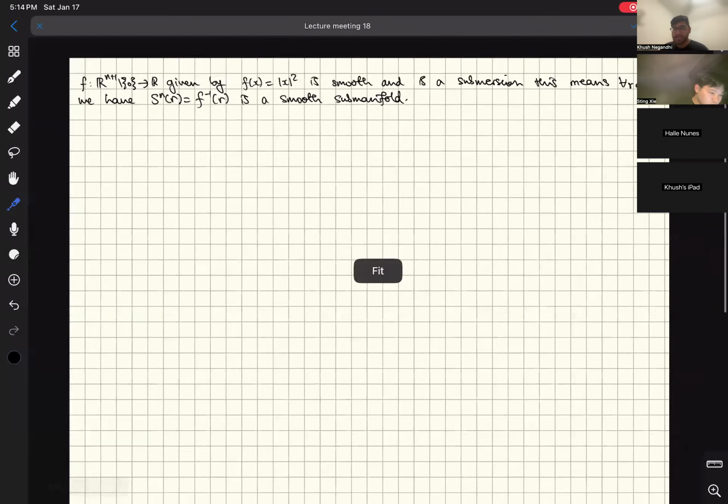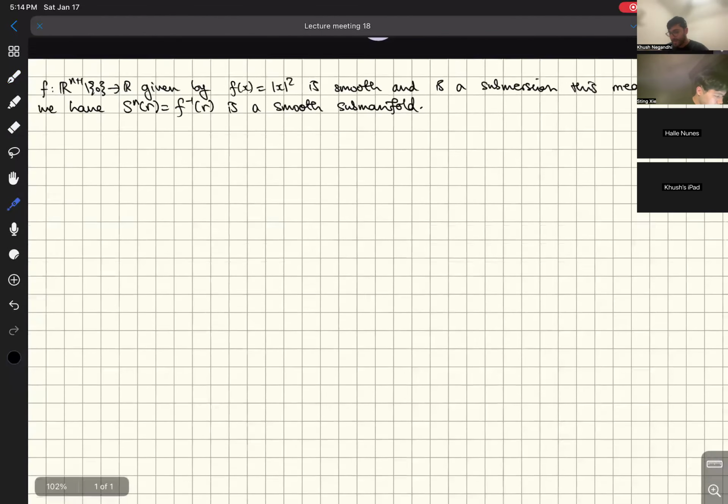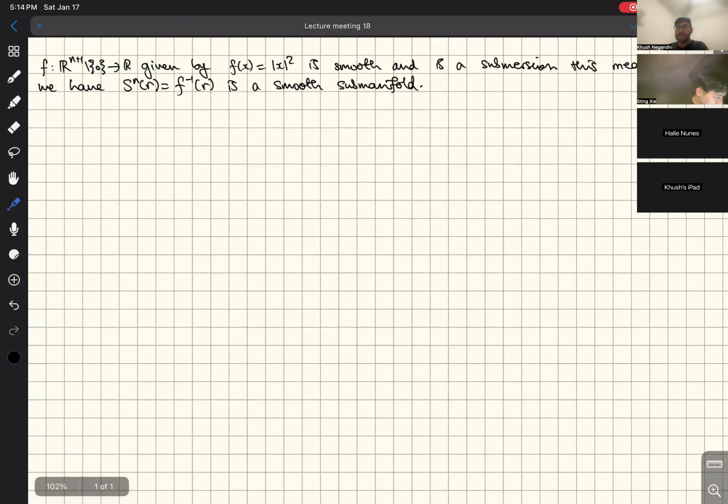So this is one way of checking that spheres of radius r are actually smooth manifolds, without having to compute explicit charts or anything like that. One drawback of this is now you don't have charts, so it's hard to do calculus on it.